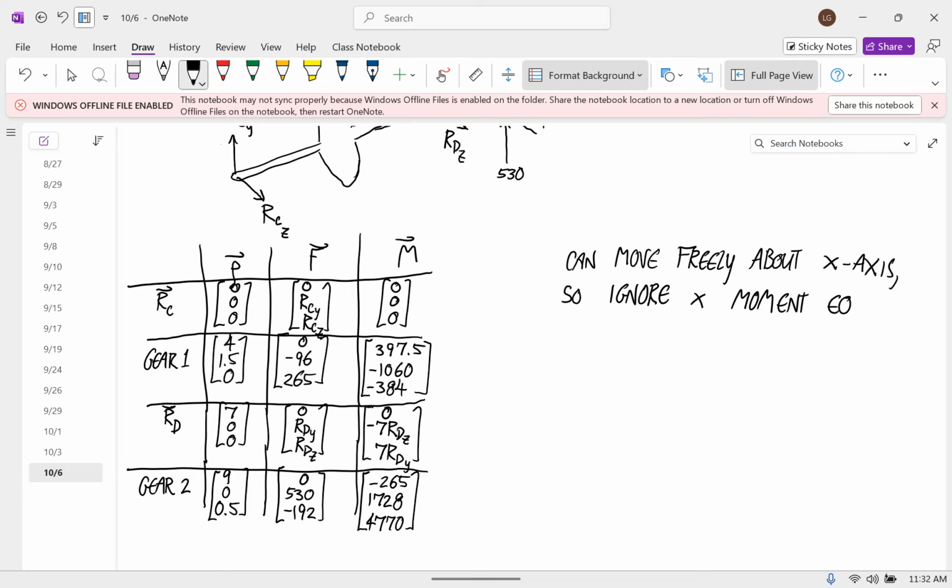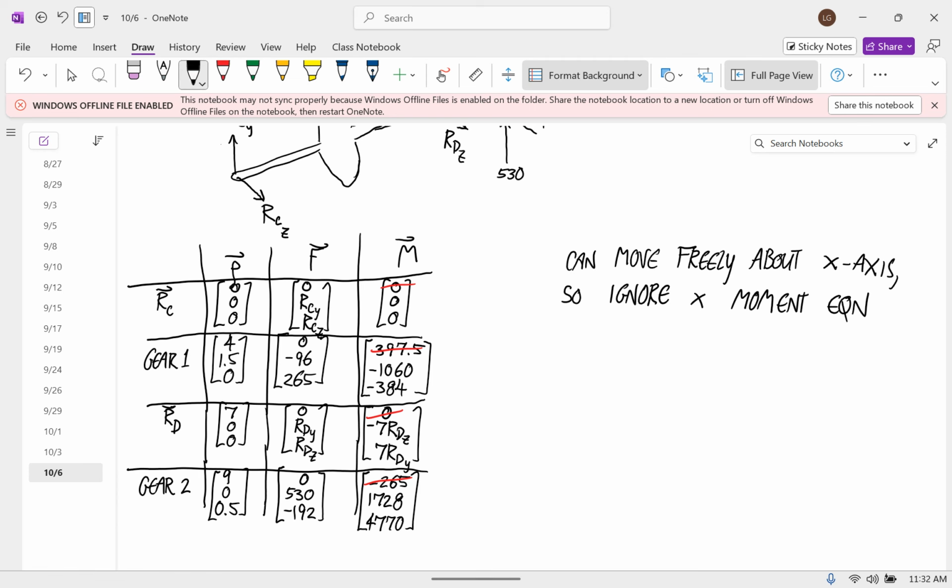So we're just going to skip all of these. This setup is just going to do its thing about that axis, okay? And we're going to calculate all the other stuff.